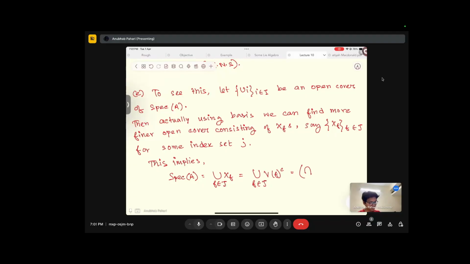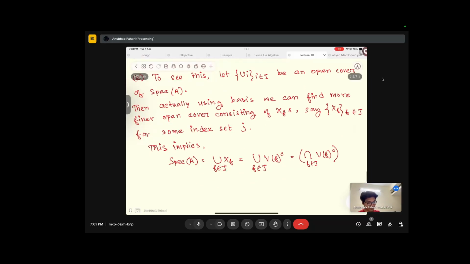intersection of Vf complement. So by De Morgan's law, the complement of the union should be the intersection of the complements.